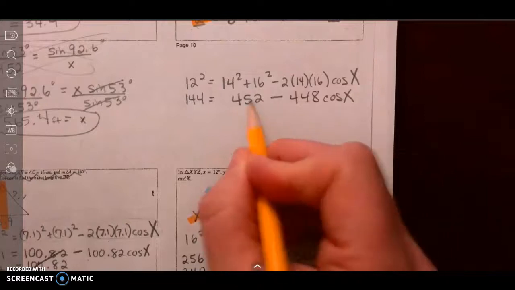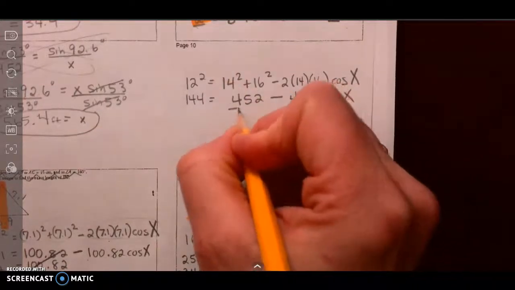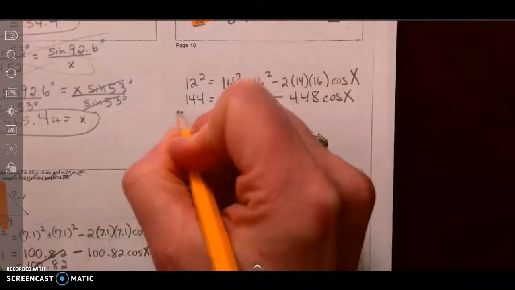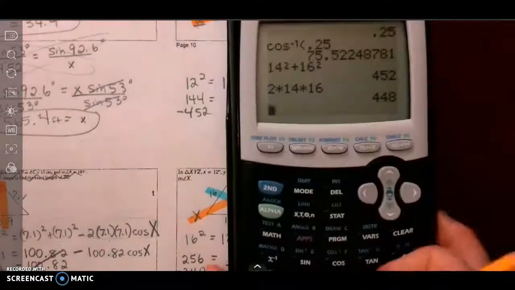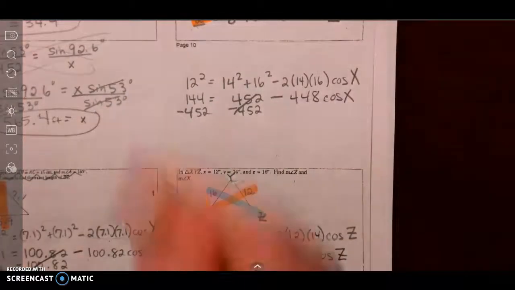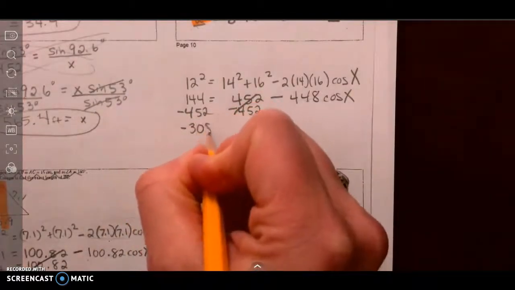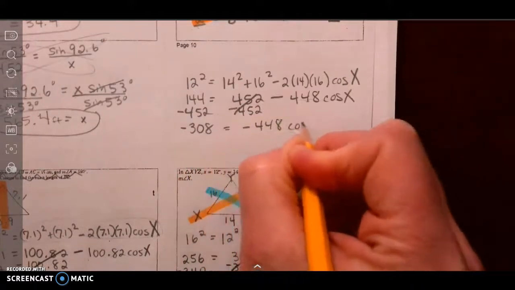Can't do this because you have to do multiplication before subtraction. So I'm going to get rid of this 452 from both sides. And 144 minus 452 is negative 308 equals negative 448 cosine of x.